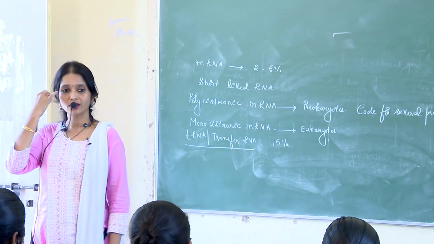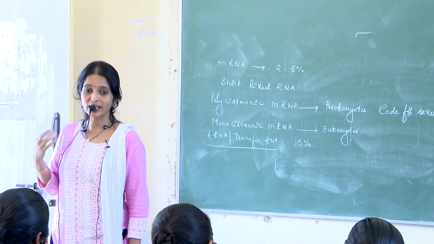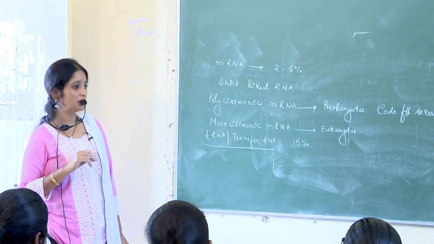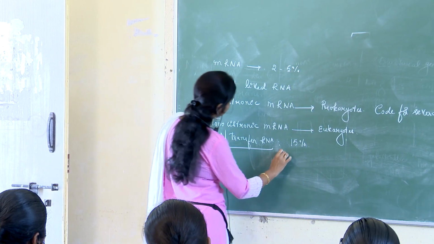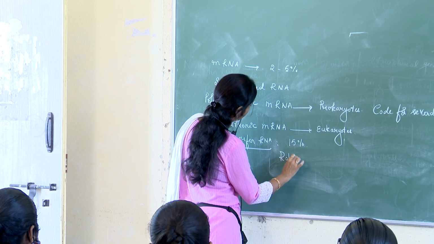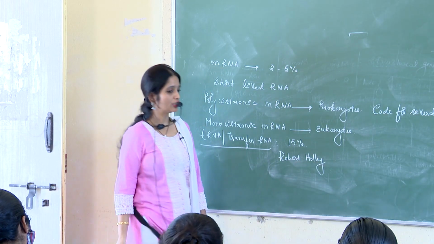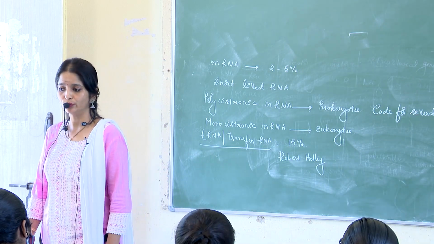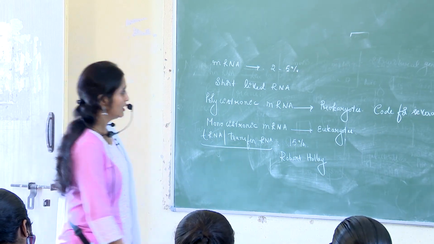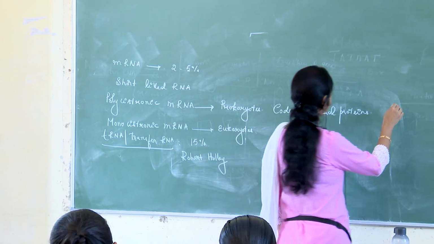Right? Now the structure for tRNA was given by Robert Hawley. Structure for tRNA was given by who? Robert Hawley.